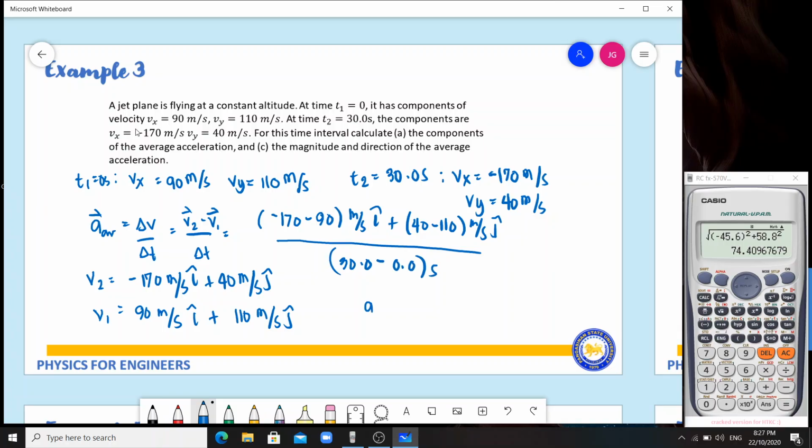So, the average acceleration would be, let us calculate negative 170 minus 90 divided by 30.